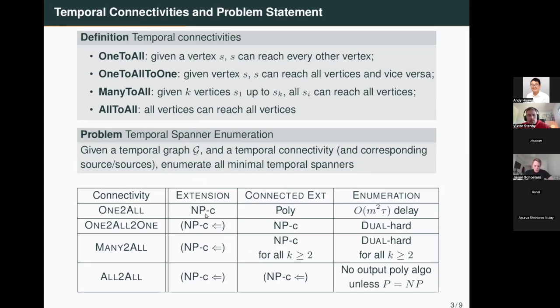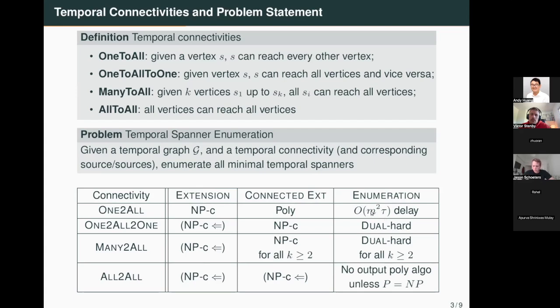And so below we have a little summary of our results. You can ignore the extension column and the connected extension column. We will see what this is about in the next slide. But on the right, you can see that we have these increasingly hard results, from positive to negative in a sense, starting with polynomial delay for one-to-all.